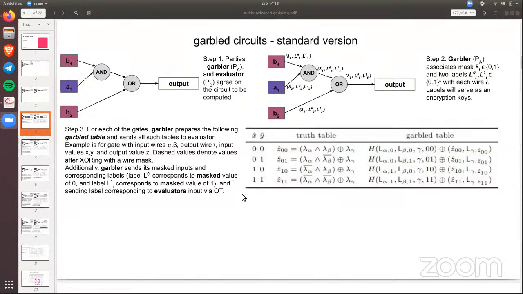He recovers the label as in normal garbled circuits by means of OT. The Garbler creates two labels, and the evaluator takes the one corresponding to his input, and the Garbler does not know which label was taken.